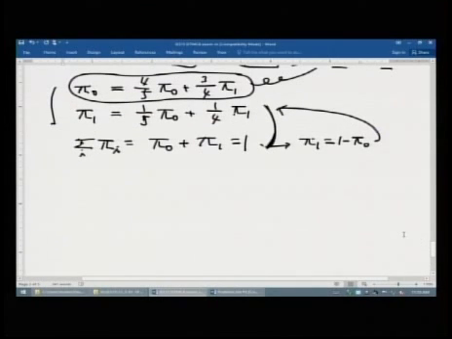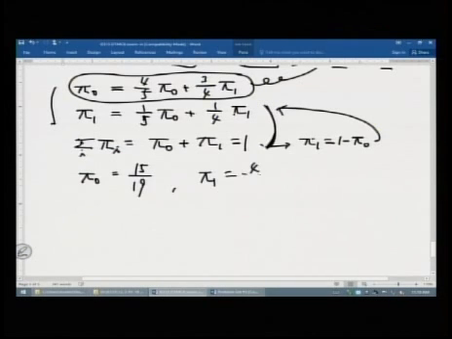And from my previous computation, I have pi 0 is 15 over 19, and then pi 1 is 4 over 19. Do you have the same answer?